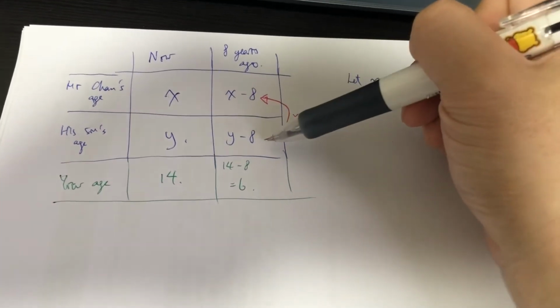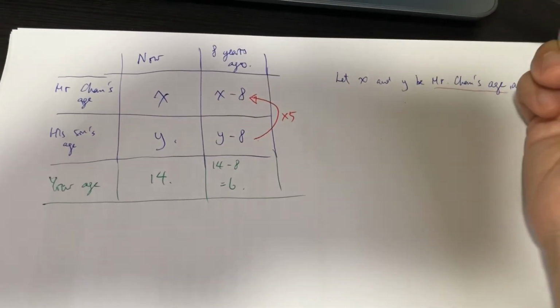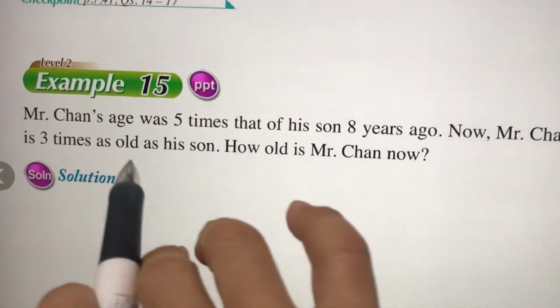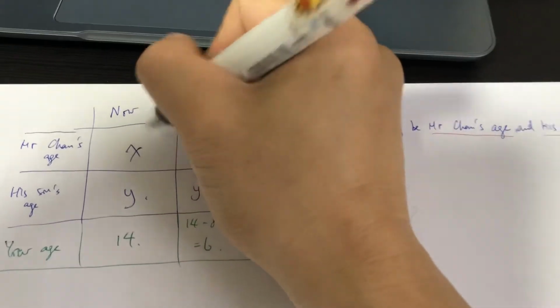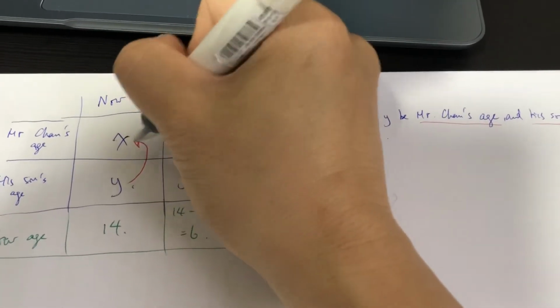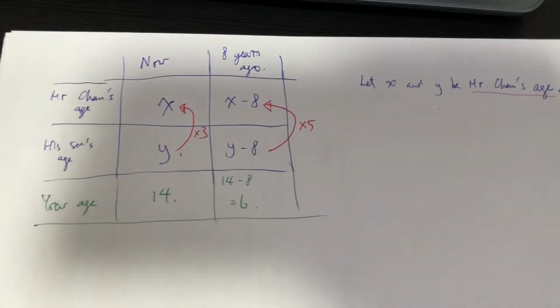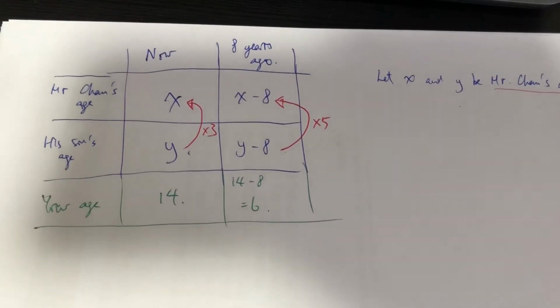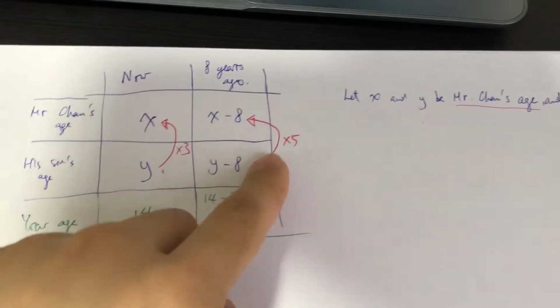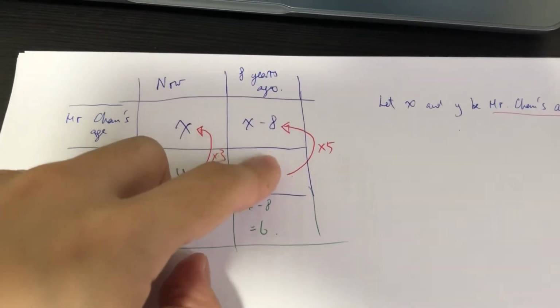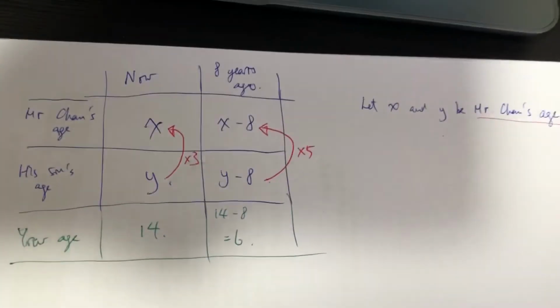The second sentence says Mr. Chan is 3 times as old as his son. So now we multiply his son's age by 3 and you get Mr. Chan's age now. So multiplying by 3 and by 5 is used to connect x and y together so that you can write them out as an equation.